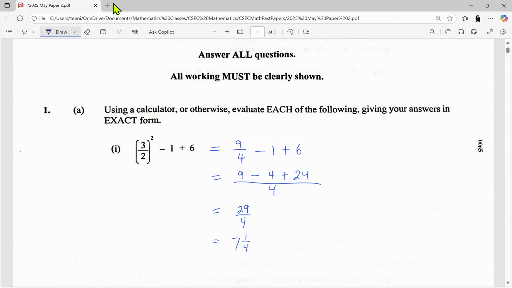It said error 1. Okay, so erase everything, press ON so everything will clear. Then you type in 3, the fraction key, 2, multiply by 3, fraction key, 2. And 2 and 1/4. Right, so now you get 2 and 1/4. Now minus 1 plus 6, and tell me if you get 7 and a quarter. Yeah. Good. What about you, Faith?